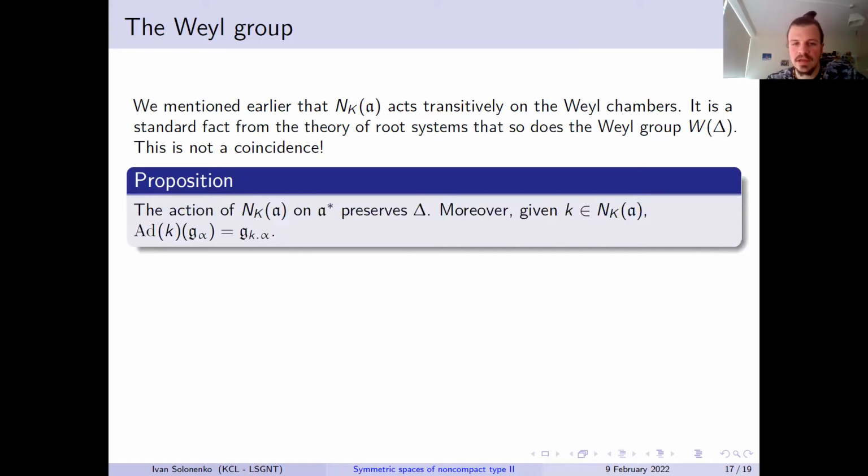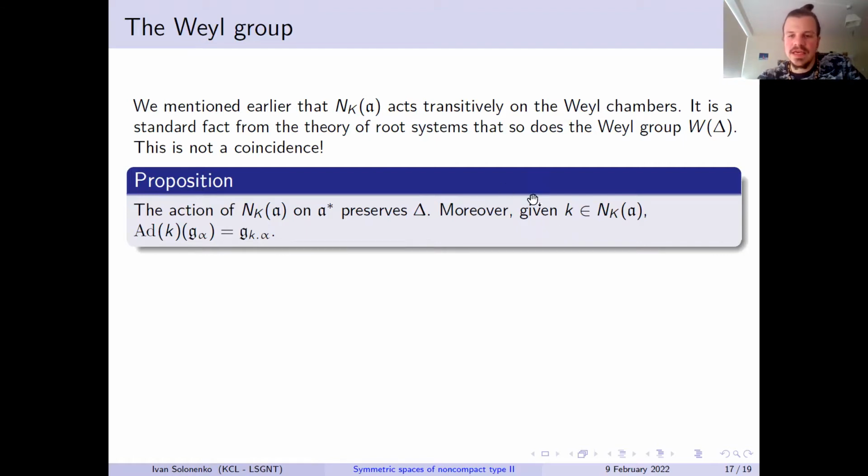So first of all, I'll prove very easily that this normalizer plays a very important role in the theory of symmetric spaces of non-compact type, because it gives you a bridge, at least a partial bridge, between the theory of Weyl groups, which is a finite group, on the one hand, and isometries of your space on the other hand. So I claim that this normalizer and its action on A star preserves our root system. And moreover, it preserves it in a controllable way.